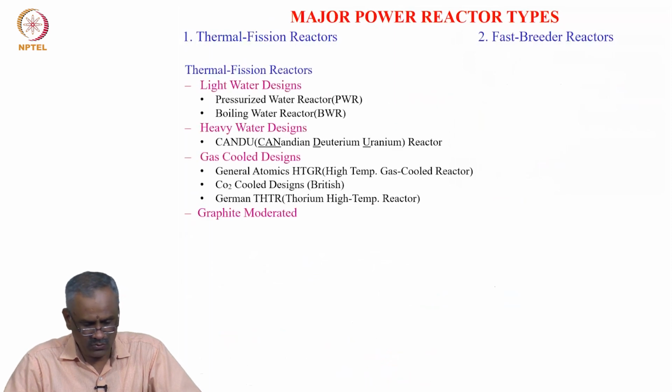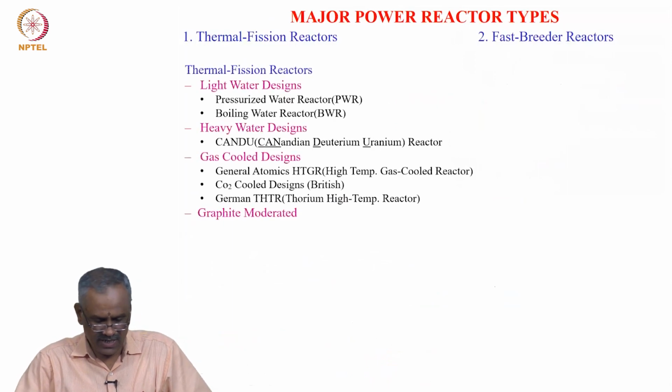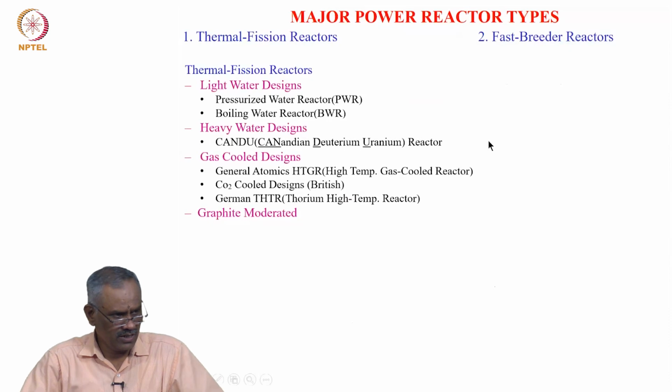There are two types of reactors: thermal fission reactors and fast breeder reactors. Thermal fission reactors consist of various classifications, which include light water designs, where light water means ordinary water, H2O.